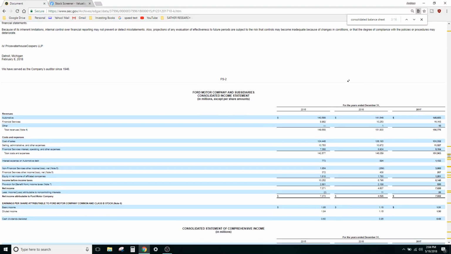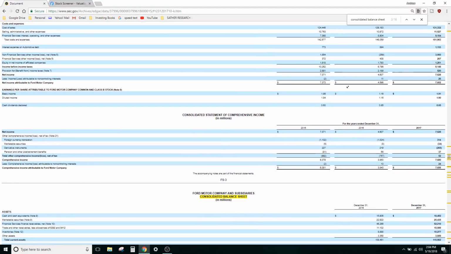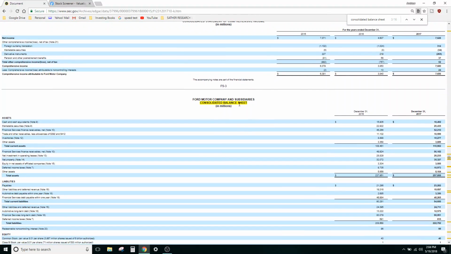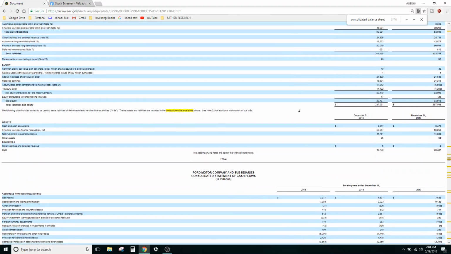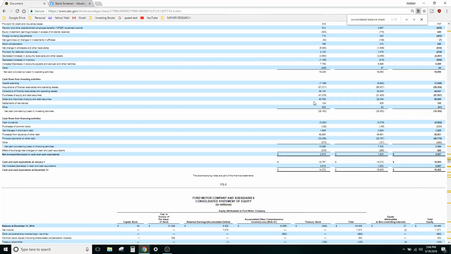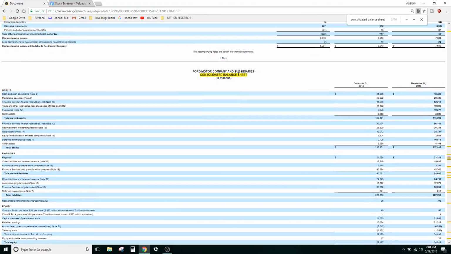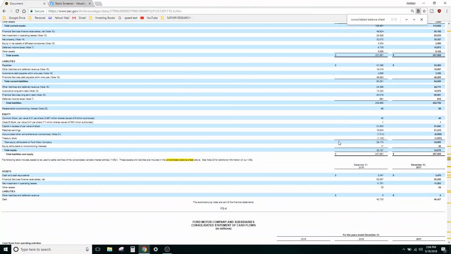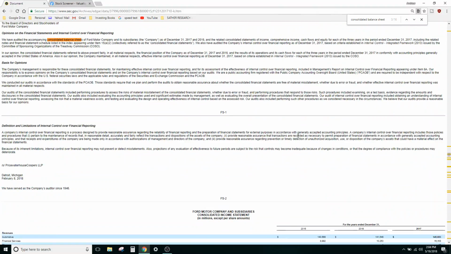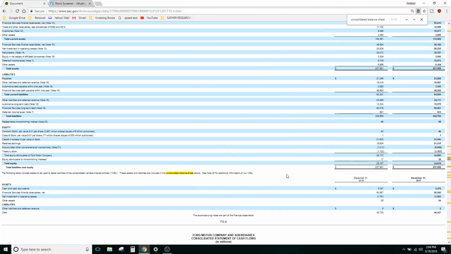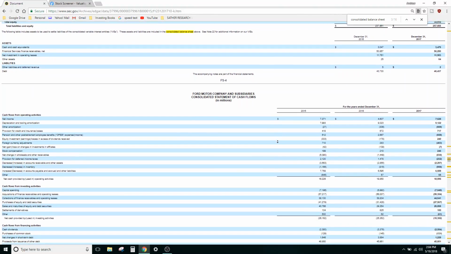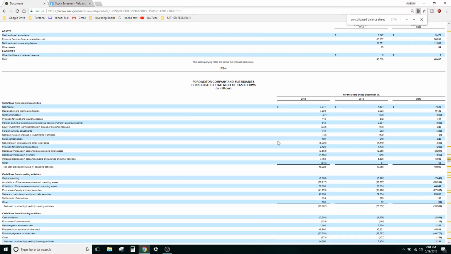Come on, can't you all say it the same way? I think the one time I saw it was different was consolidated financial position, I think that was Hormel or something, but most everybody else says consolidated balance sheet. And so when I search it, then I can find it. And usually, all three statements are right next to each other, so you can find them super simply.